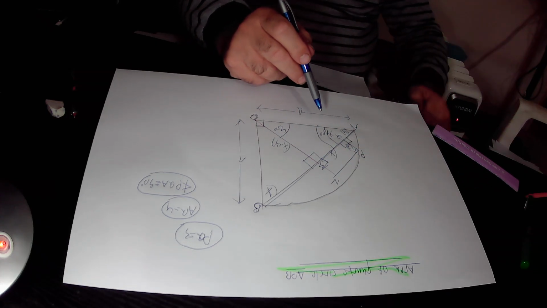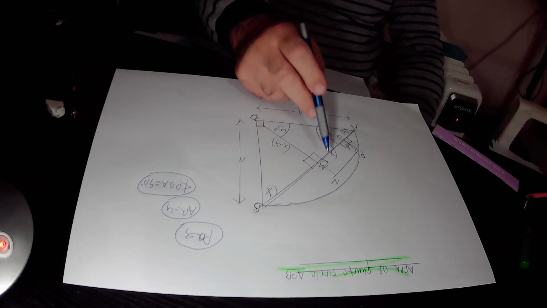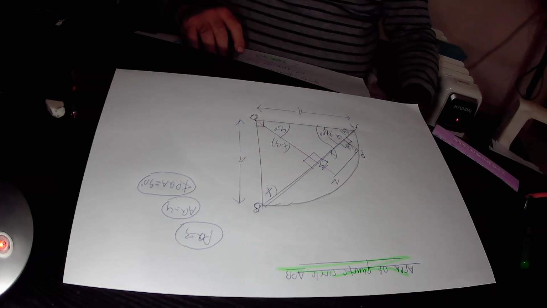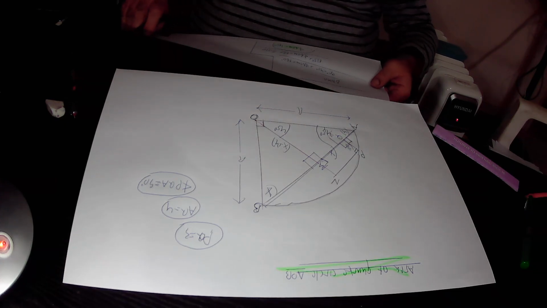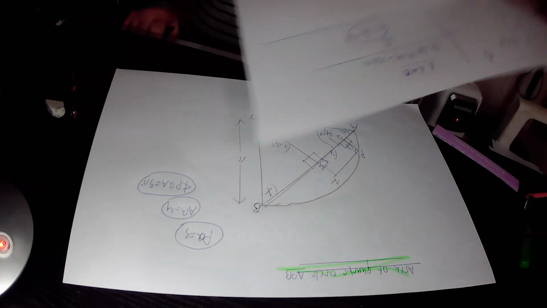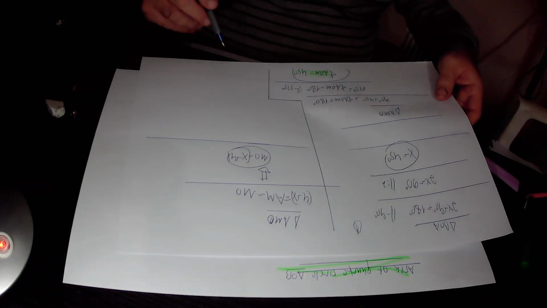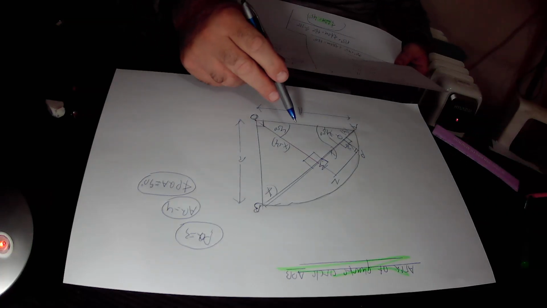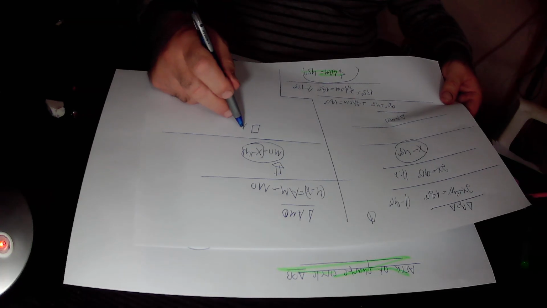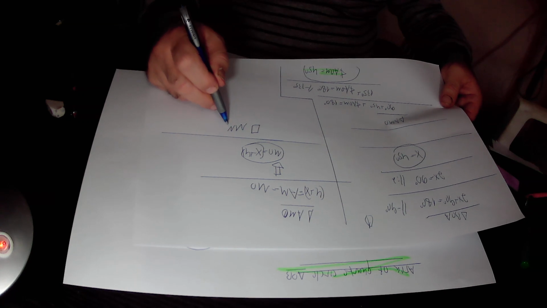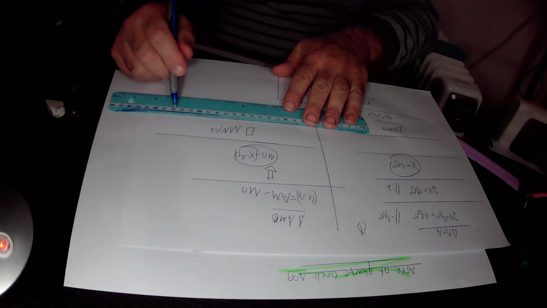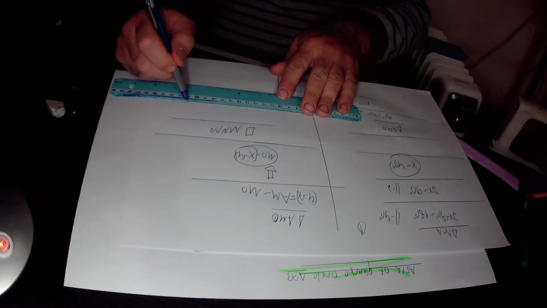So in total, in quadrilateral MNPQ, we have three right angles.